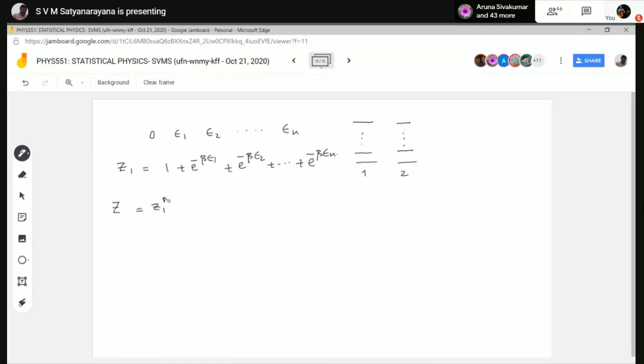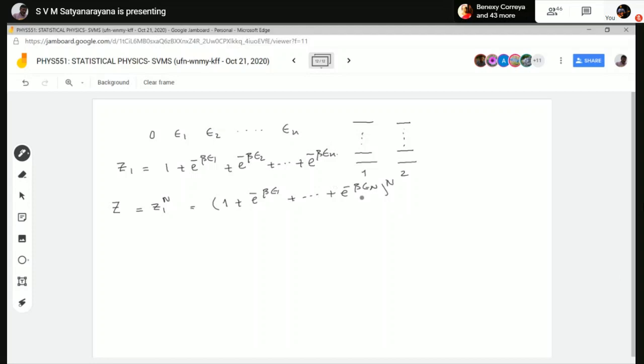If they are non-interacting, this is going to be 1 plus e to the minus beta epsilon 1 plus, etc., e to the minus beta epsilon n, raised to the power n. Correct?